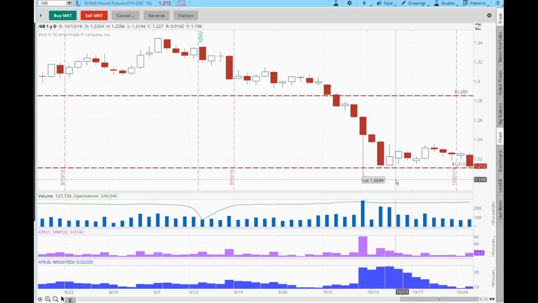Okay, for short pound, if you do it spot forex, you are short pound USD.